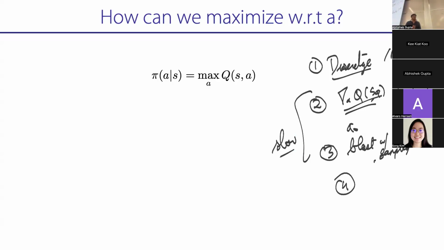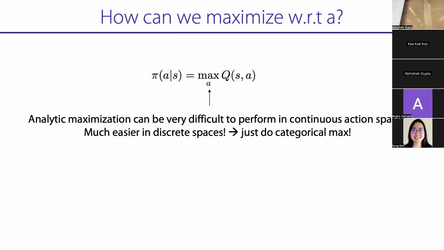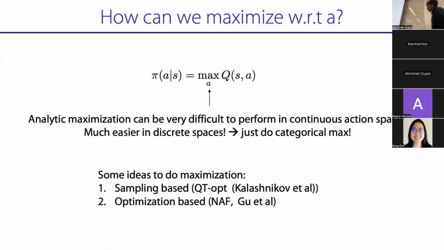How do I structure a Q function so the maximization is easier? There's an interesting idea called normalized advantage functions from a few years ago. Basically, they try to structure the Q function as a quadratic, and more generally as a convex function.